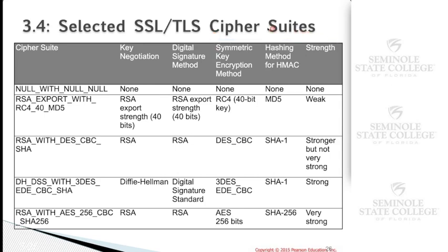So what is a cipher suite? Okay, let's look at how the cipher suites are built. What are cipher suites? Cipher suites make the client and server understand each other as to how they are going to negotiate the key, how they are going to create a digital signature, how they are going to exchange the symmetric key. Because remember, when client and server talk to each other, they just cannot use asymmetric communication all the time.